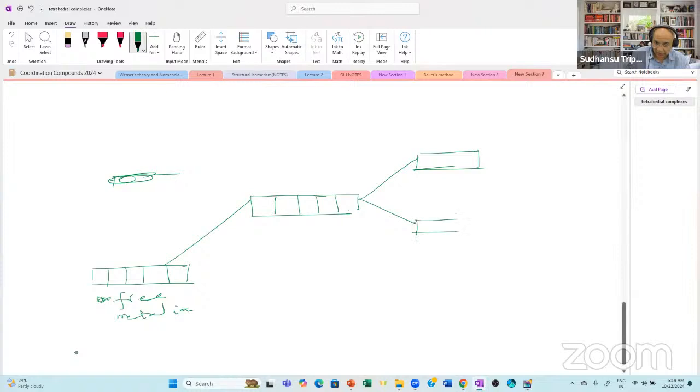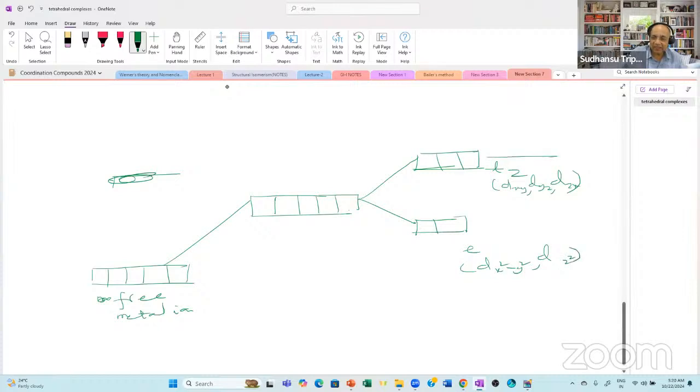Here, the opposite thing will happen. Here it will be Eg, here it will be T2g. Sorry, I am doing the same mistake. It will be E and this will be T2. This will carry dxy, dyz, dzx. This will carry dx square minus y square and dz square.